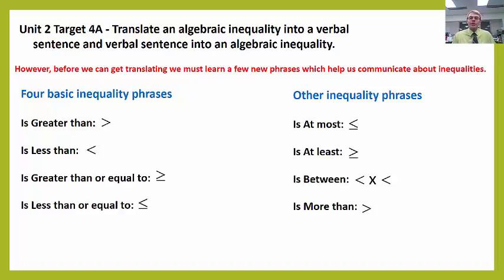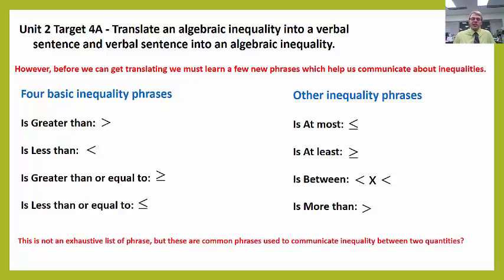If we say something is between 2 numbers, what we're essentially saying is what's in between is greater than one side, but less than the other. So we're creating 2 inequality signs there with just one phrase. And then the last one, is more than, is very similar to is greater than. It's just greater than there.